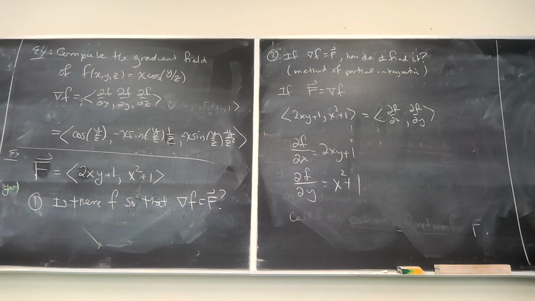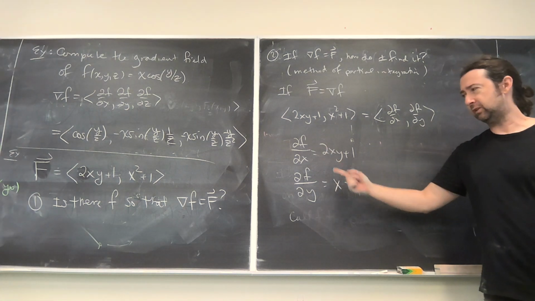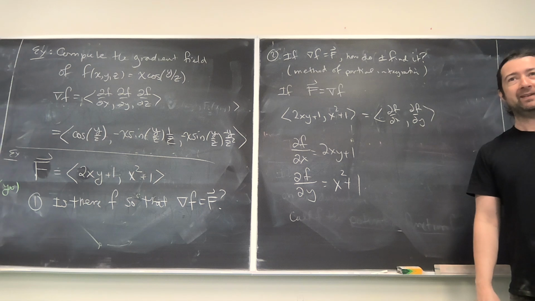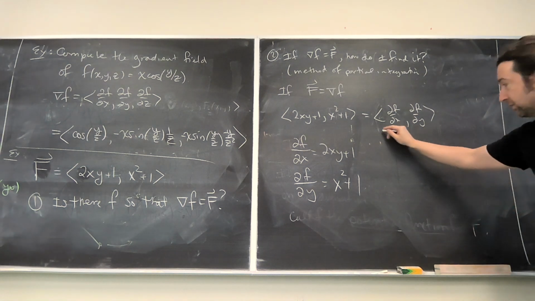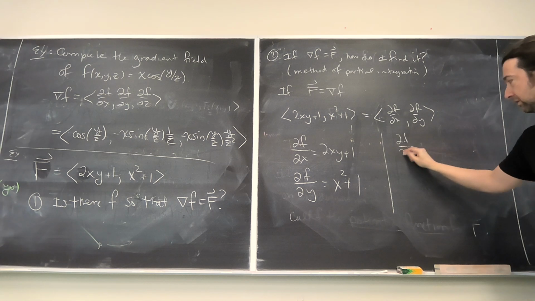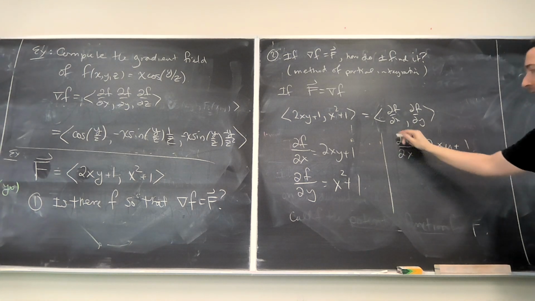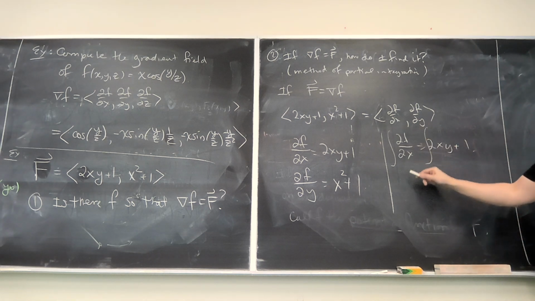So what I'd like to do now is, well, if I know the derivative of f with respect to x is equal to this, can I find f? How? I could take the antiderivative, but I have to be careful. So if I took df dx is equal to 2xy plus 1, and I integrate both sides, I'm going to get f on this side.